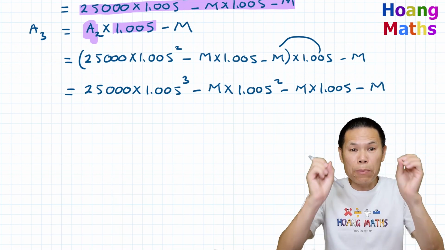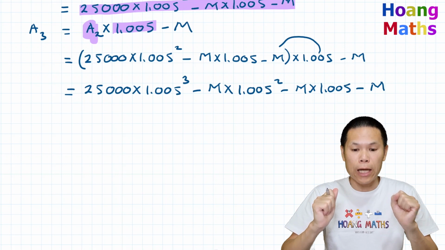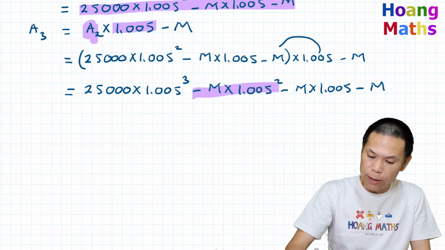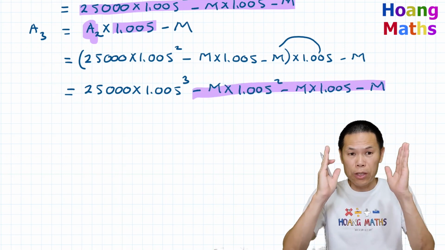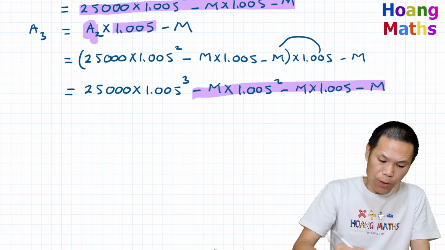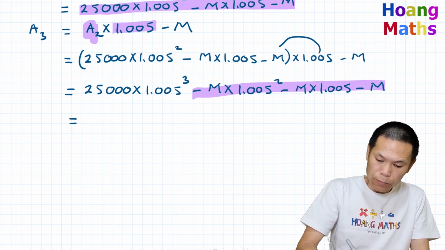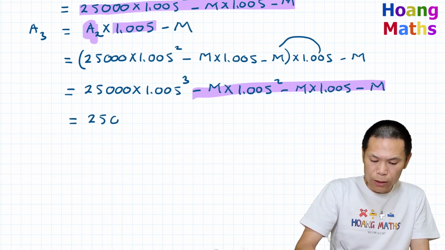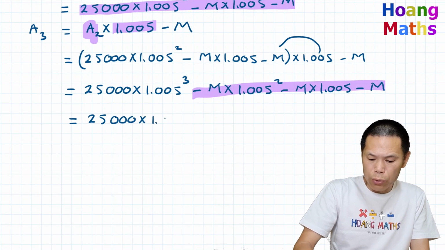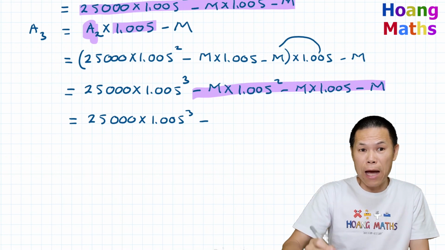So now what I do, let me just take out the negative M out on this series here. So that will give me 25,000 times 1.005 cubed, and we take the negative M out.